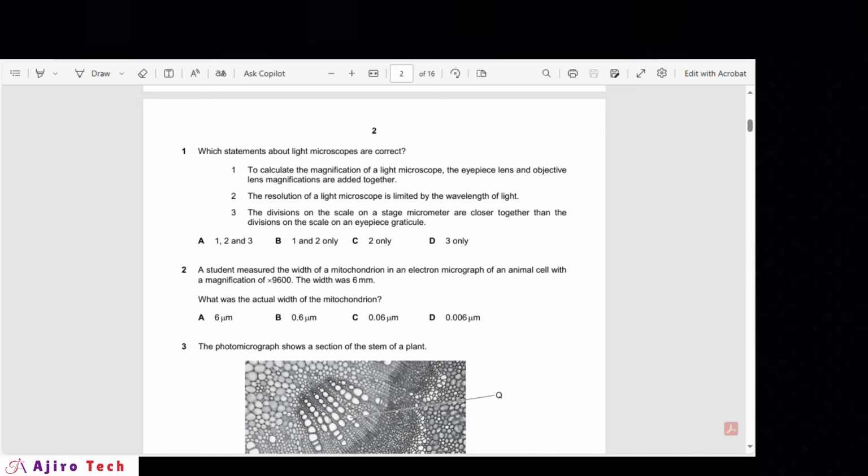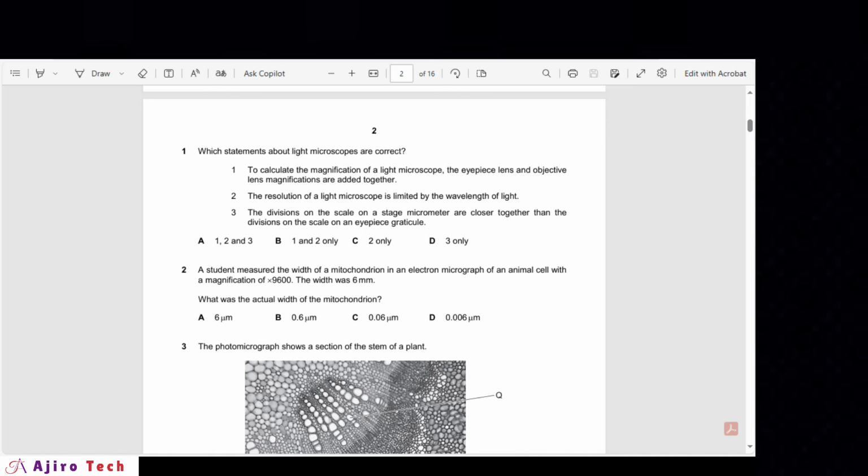The next one says, the resolution of a light microscope is limited by the wavelength of light. That's true.